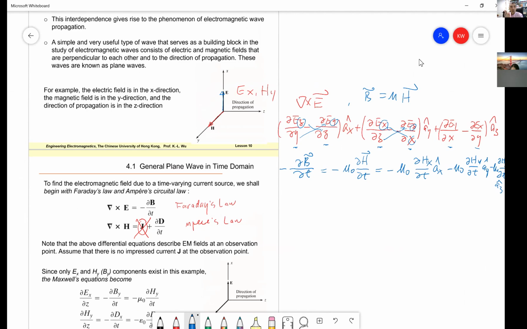We have to get used to vector fields. That means you have polarization, that means the components, right?